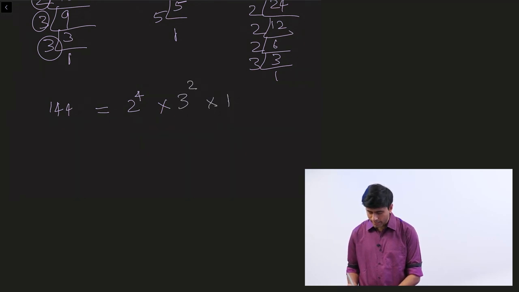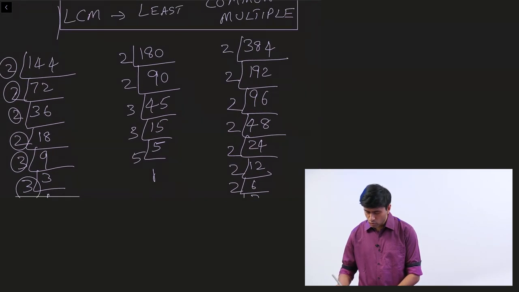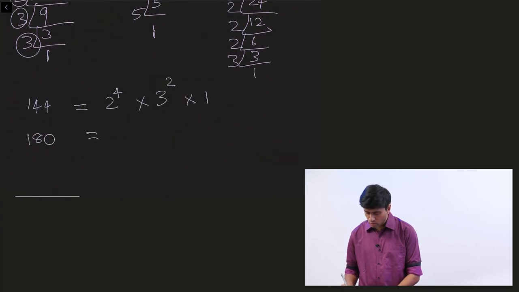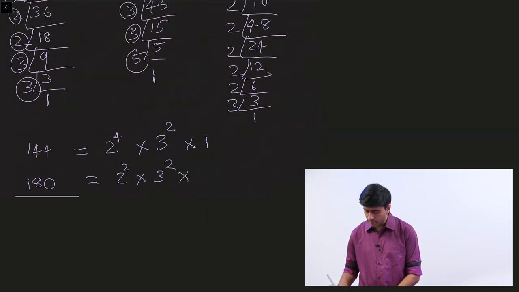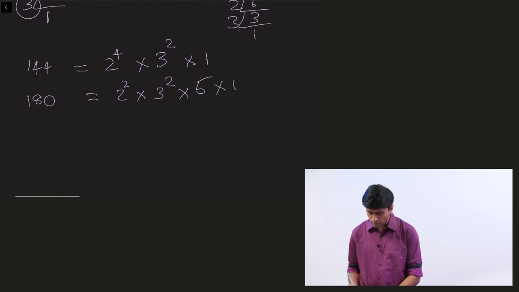How about 180? The prime factors are 2 2s and 2 3s. So that is 2 square into 3 square into 5 into 1. What about 384?